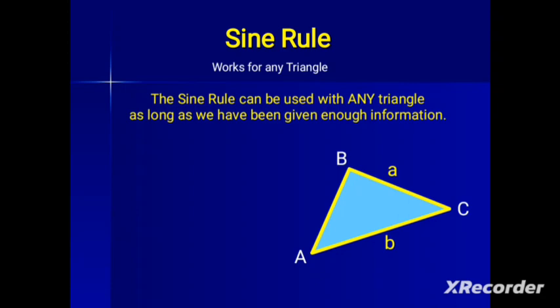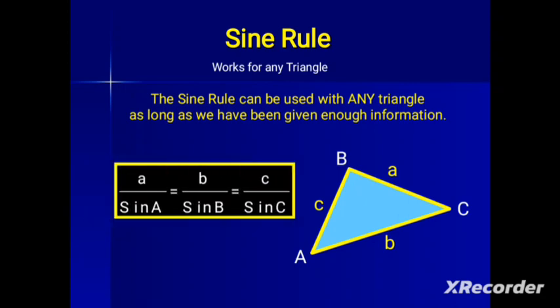The angle at point B corresponds to the side AC, labeled b. And lastly, the angle at C corresponds to the side AB, labeled c. Now that gives us the sine rule: a over sine A equals b over sine B equals c over sine C.